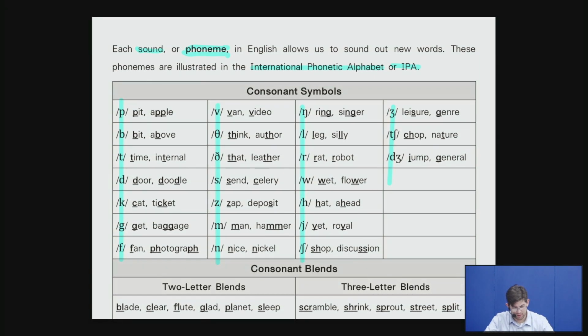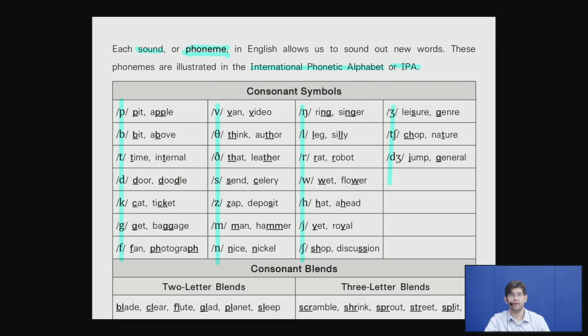But to show this more, these sounds, in essence, are ways we create sound in language. So I'm going to give you examples of each one so you can hear the sounds. We have our P sound, which starts with the words pit and apple. Our B sound, and our words are bit and above.